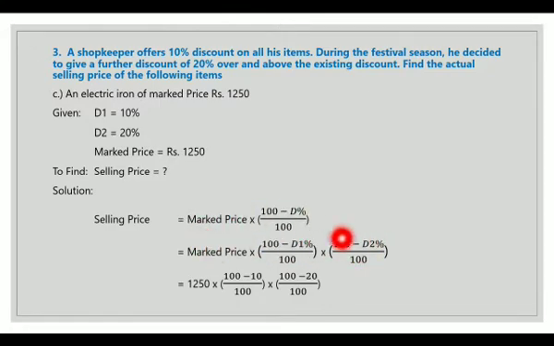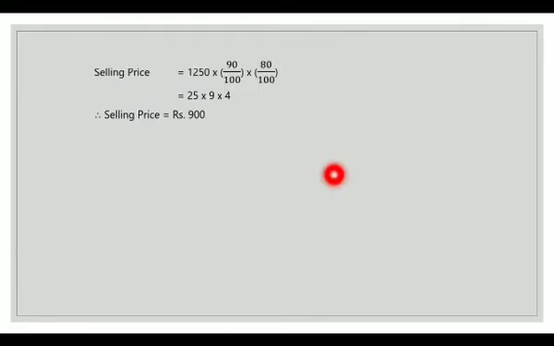Now we substitute the values: 1250 into 100 minus 10 upon 100 into 100 minus 20 upon 100. After solving, we get 1250 into 90 upon 100 into 80 upon 100. After simplifying, we get 25 into 9 into 4, which is equal to rupees 900. So selling price equals rupees 900.